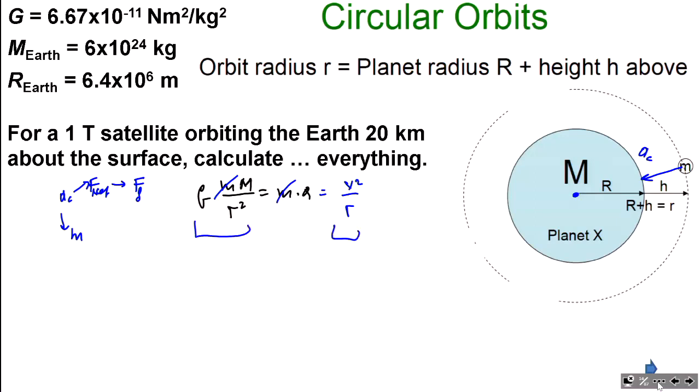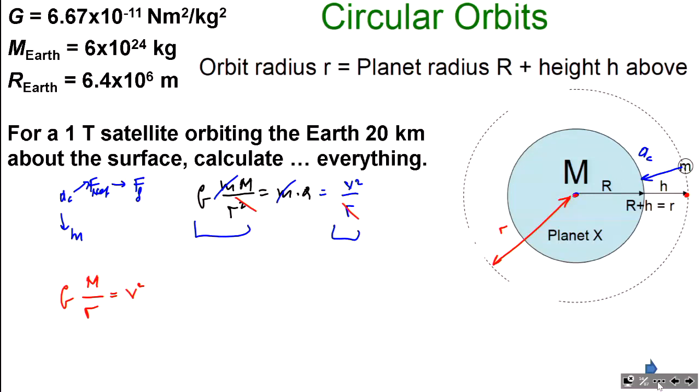So we can cancel one radius. The expression, which we can use in the future, tells us how to relate speed squared, the mass of the planet, and the distance from the center of this planet to the satellite. Don't be scared. We will solve this problem.